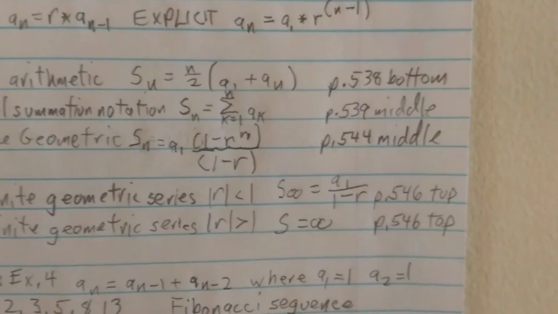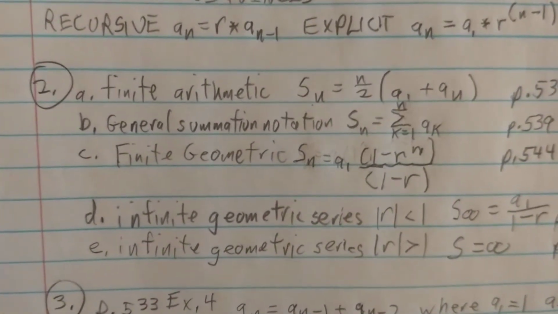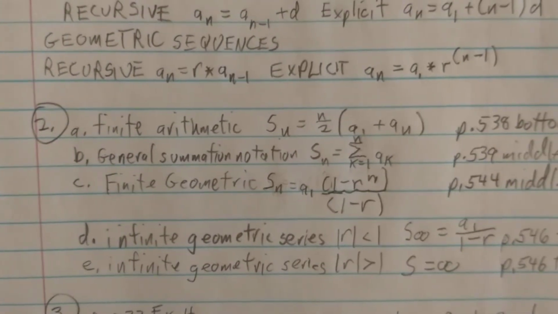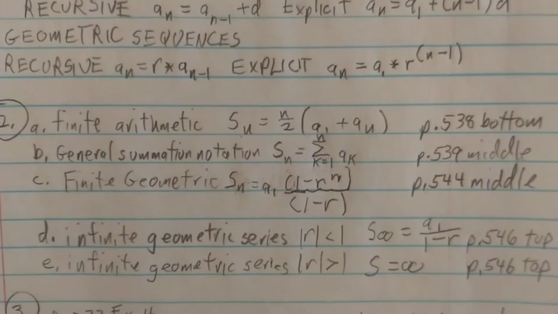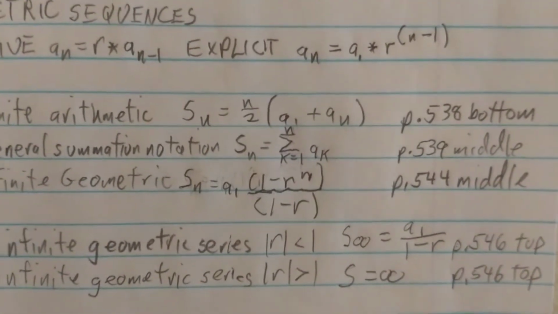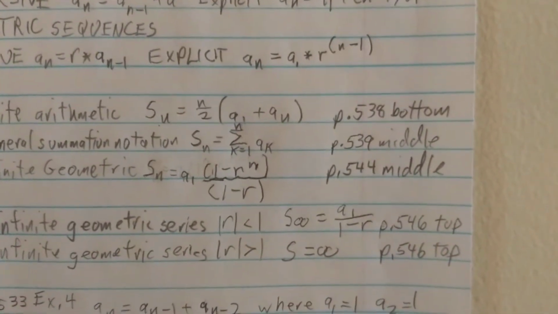And you can see that on page 539 in the middle. Now when we did finite geometric last Friday, we have S sub n is equal to a sub 1, parentheses 1 minus the multiplying factor r to the n, over 1 minus r in parentheses. And that can be seen on page 544 middle.